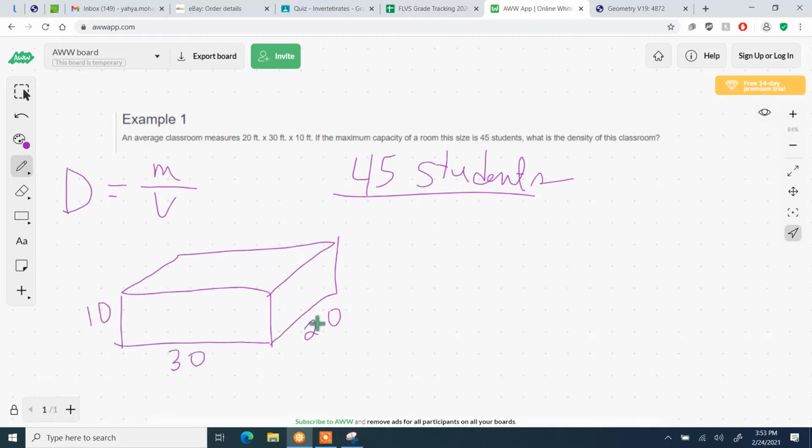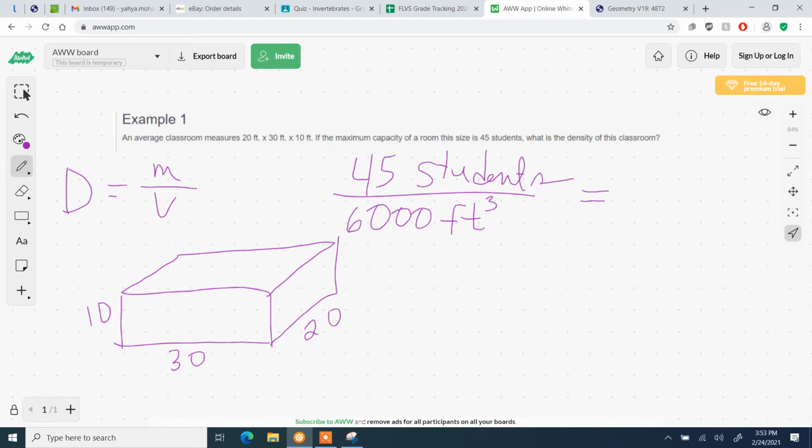I multiply length times width times height, so that equals 6,000 feet cubed.